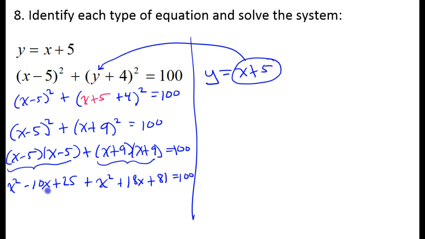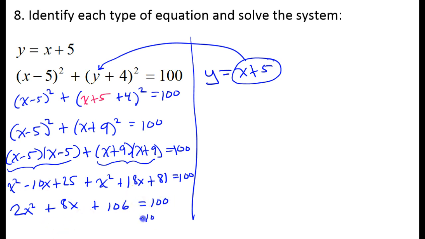Combining like terms, x squared plus x squared is 2x squared. Negative 10x plus 18x is plus 8x. 25 plus 81 is 106, and that's equal to 100.